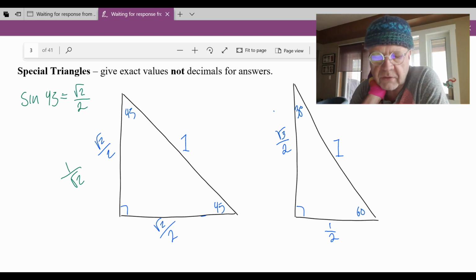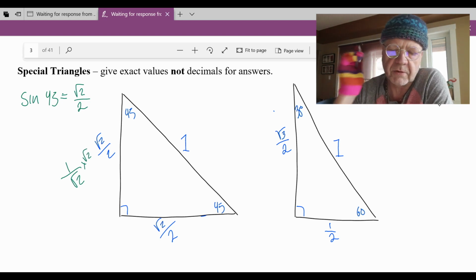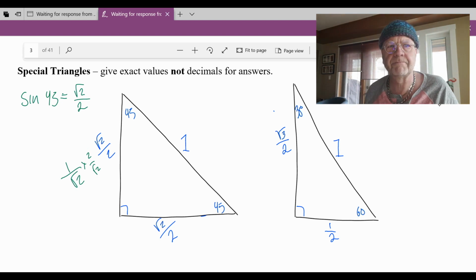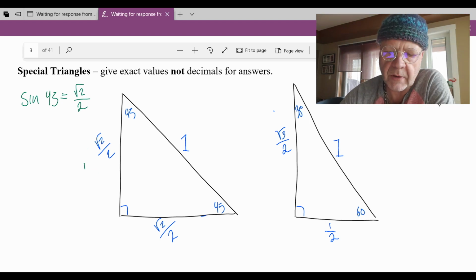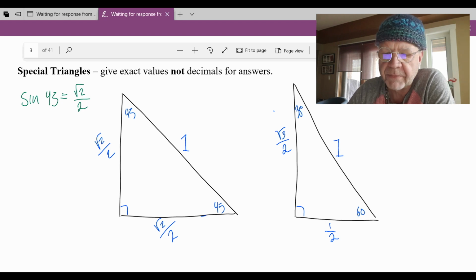And because we don't like seeing radicals in the denominator, we rationalize it by multiplying by root 2 over root 2. It's kind of unique in Alberta. When I learned this in Ontario, they did not make us rationalize the value for the sides of 45, 45, 90. To this day, I still remember 1 over root 2, 1 over root 2.